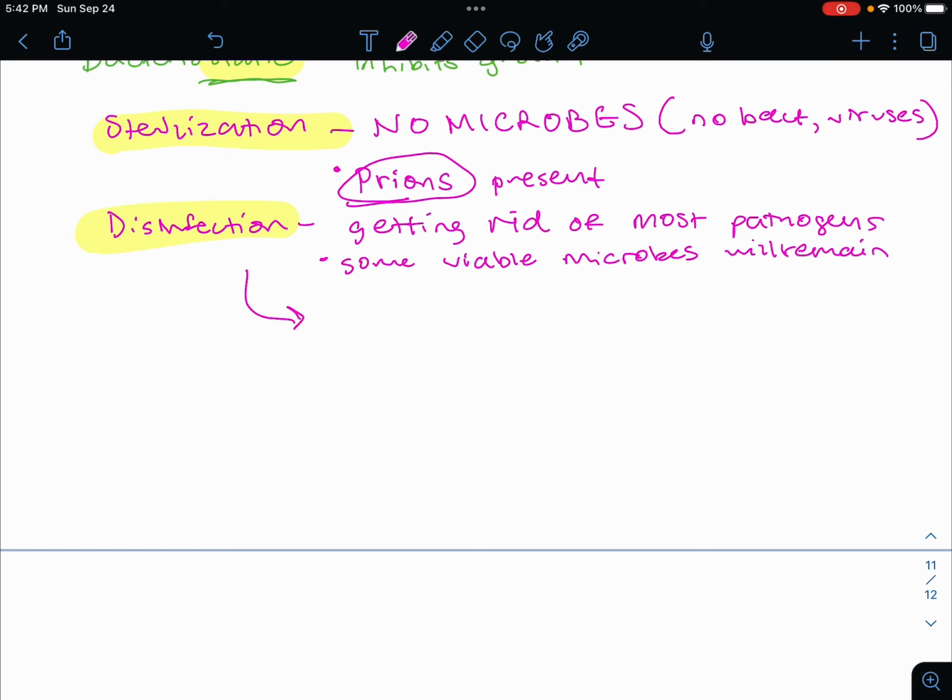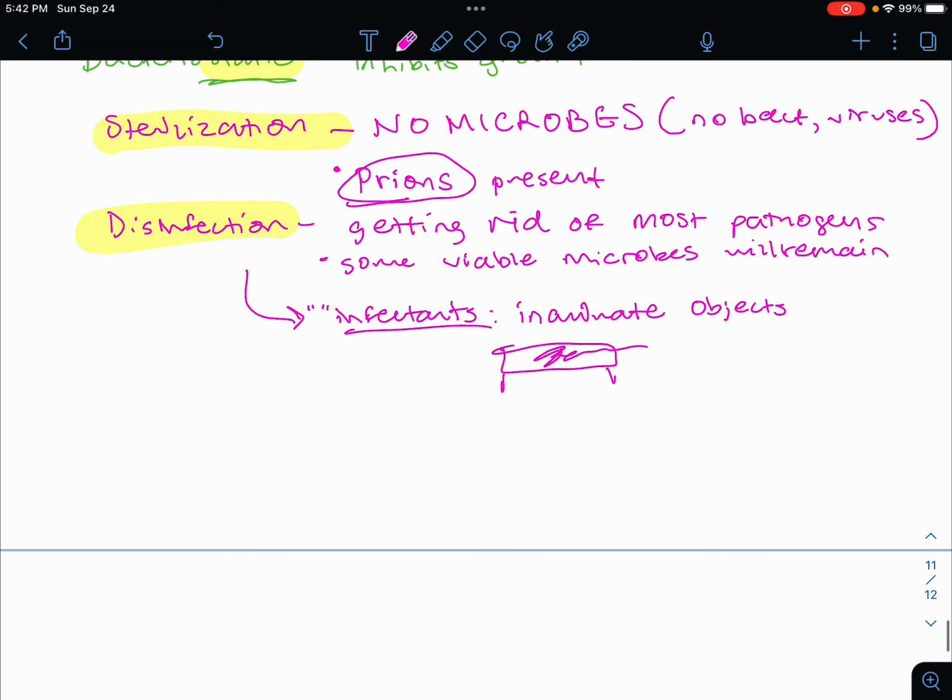Disinfectants are chemicals or methods used on inanimate objects. So if I have a bench outside and I spray a chemical on it, since that bench isn't alive, it's inanimate, that would be called a disinfectant.